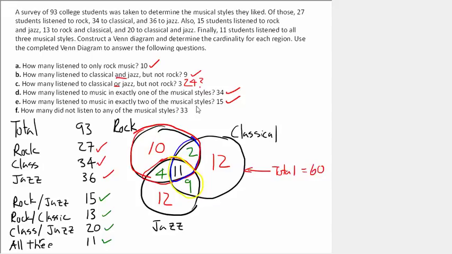Now, we are told up front that it's a survey of 93 students. So how many do not listen to any of these? Well, those are the ones that remain in the universal set, which is 93. And if we subtract the 60, we get 33. Not listening to anything.